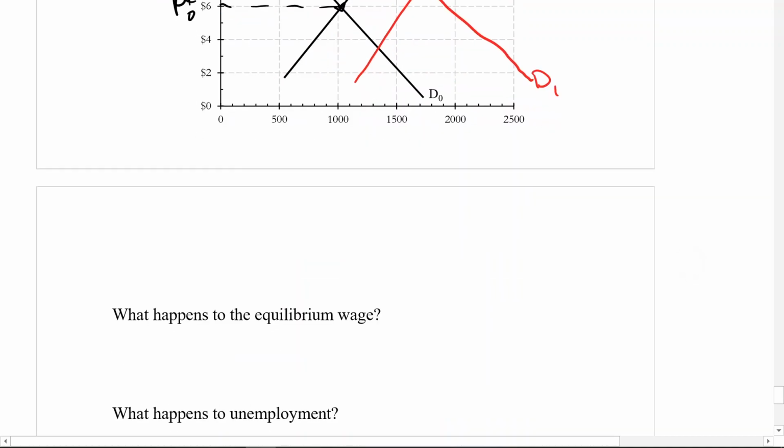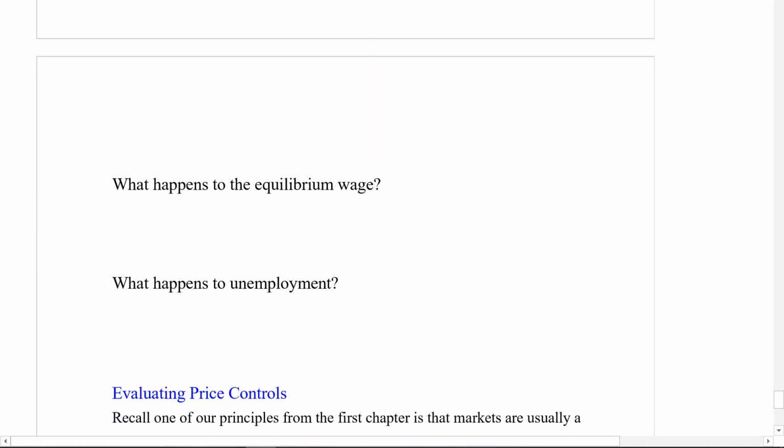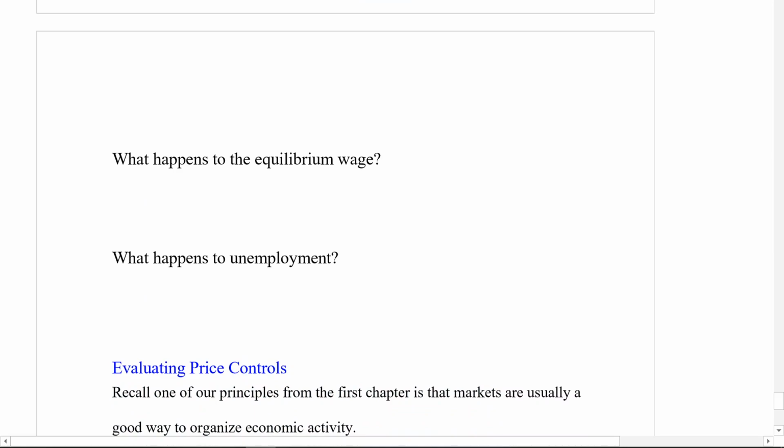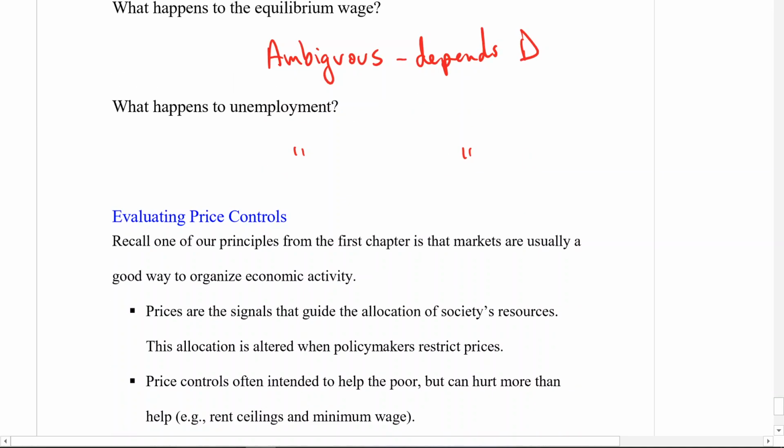Okay, so in the end we said, okay, what happens to equilibrium wage? Basically, it's ambiguous. It depends on how much the demand curve shifts. Same thing for the unemployment rate.